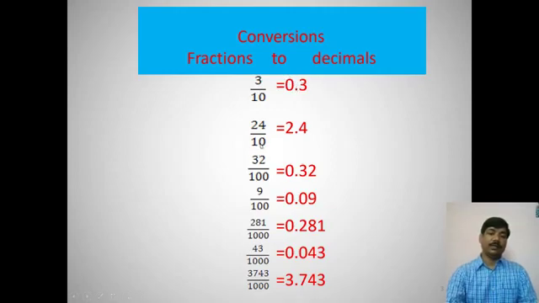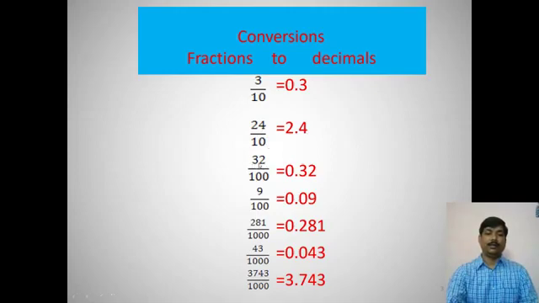So we divide 24 by 10 and write 2.4. We make a point after the first digit from the left. 24 by 10 is 2.4.